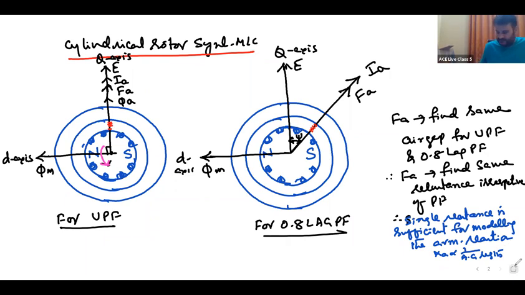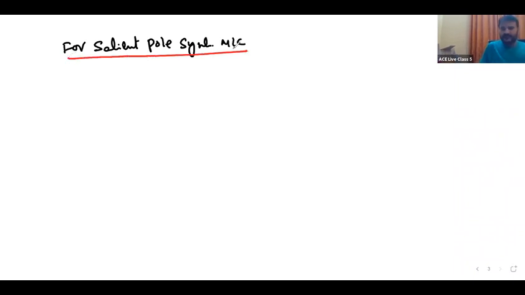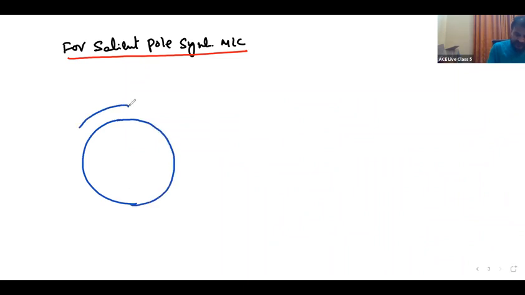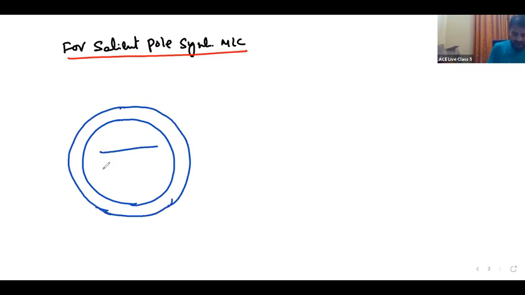For the salient pole synchronous machine, again I would like to observe both the UPF and the lagging power factor. I'm taking a salient pole machine.